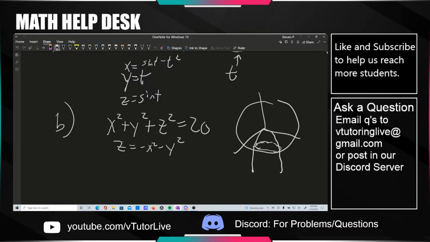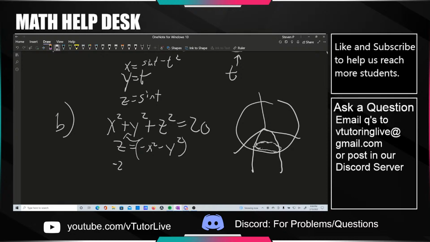But okay, basically the idea is, we can either plug z in over here, but that's kind of nasty because then we're going to involve a bunch of terms to the 4th power. Instead, why don't we just take x squared plus y squared and plug that in for here.